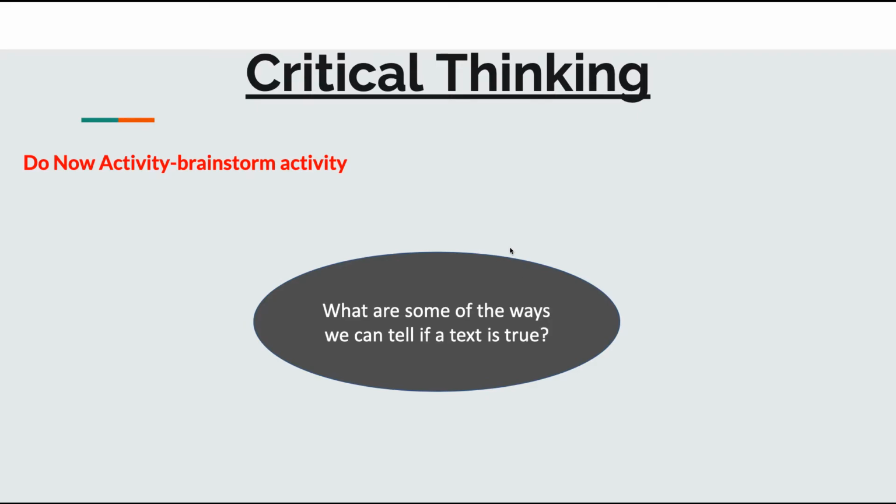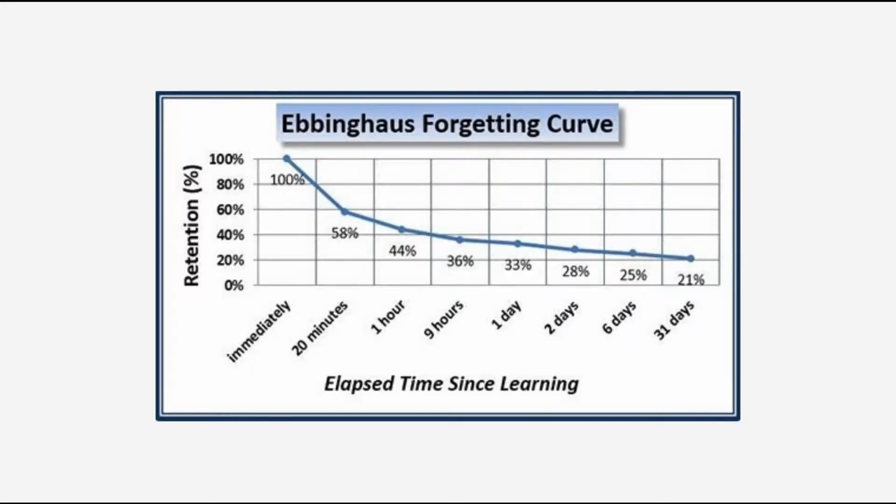Around the subject of memory and retention, you may have seen this before. This is Ebbinghaus's forgetting curve. And you can see along the x-axis that starts off with immediately running through to 31 days, a month's time. This shows the elapsed time since learning, so how many days since the initial learning event.